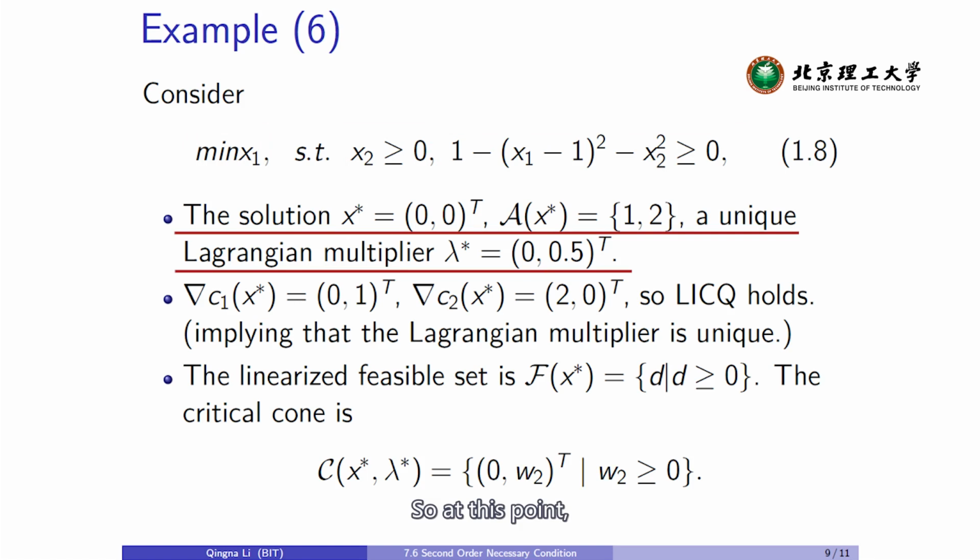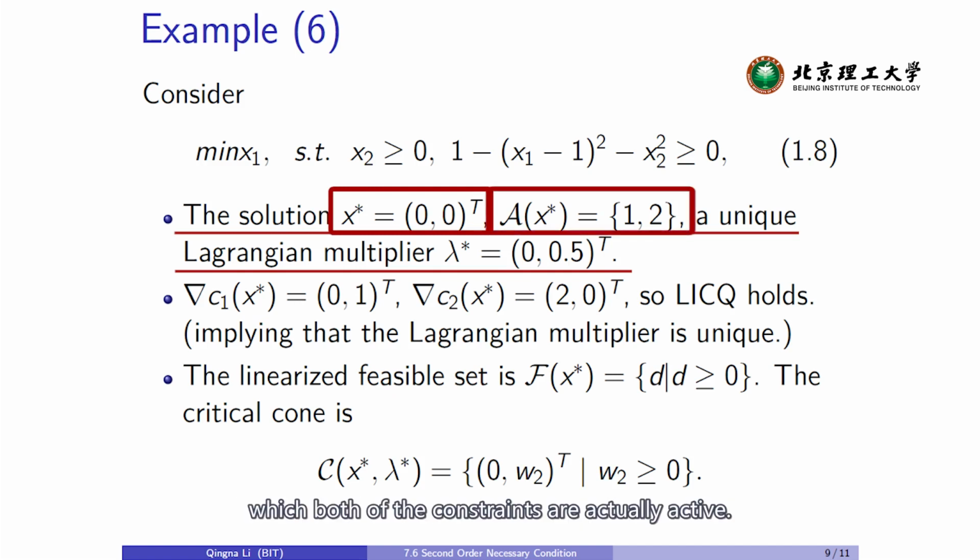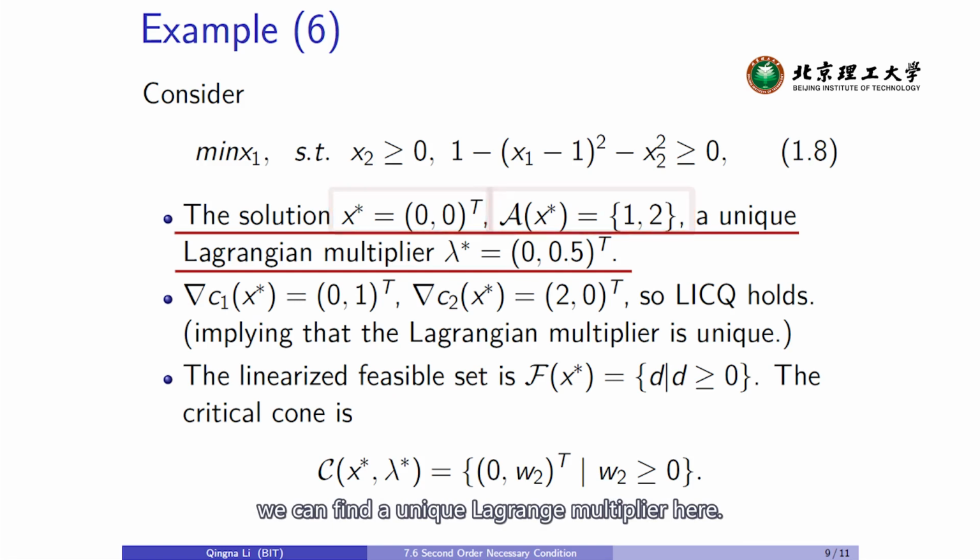At this point, we can find the active inequality constraints, and both of the constraints are actually active. With this, we can find a unique Lagrange multiplier, which we can solve from the KKT condition.